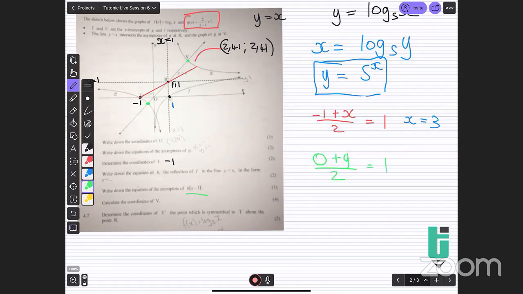Therefore, y is equal to 2. And there's your coordinates of T prime. Now we are done.